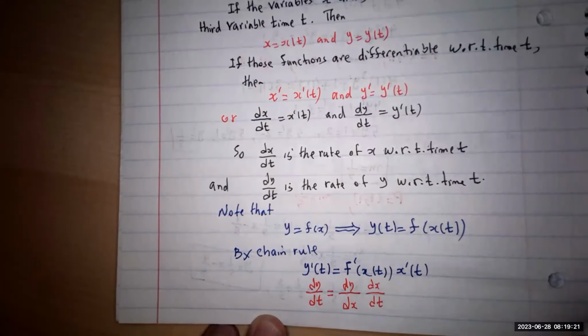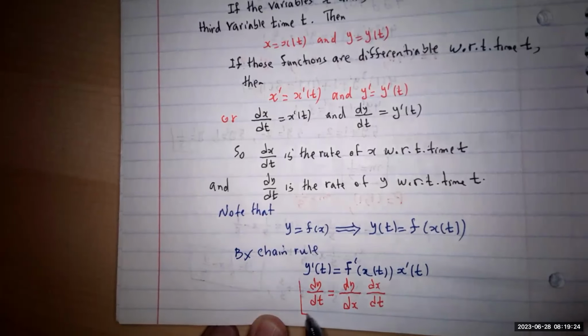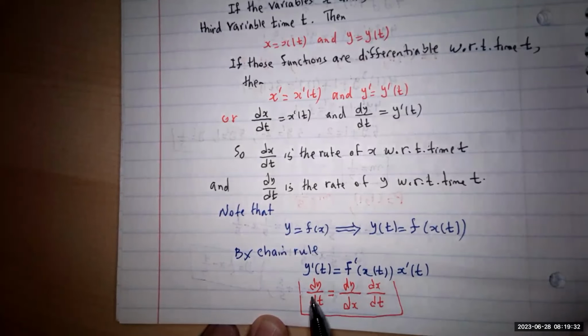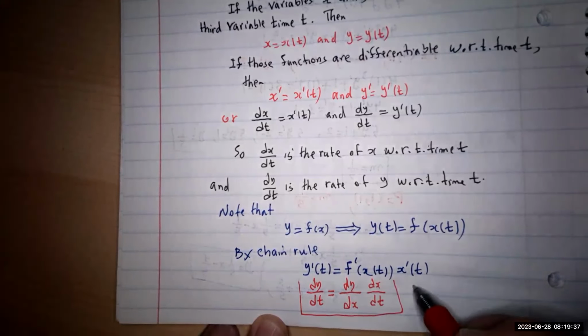You see? This equation is going to be called the related rates equation, because we just relate all the possible rates.